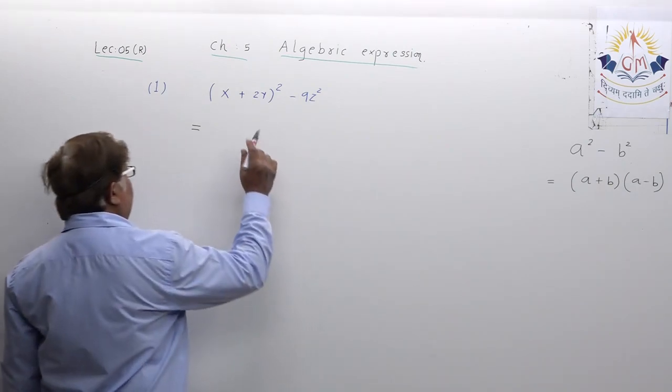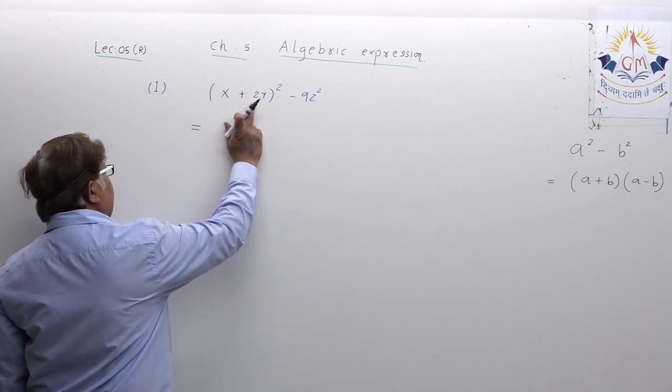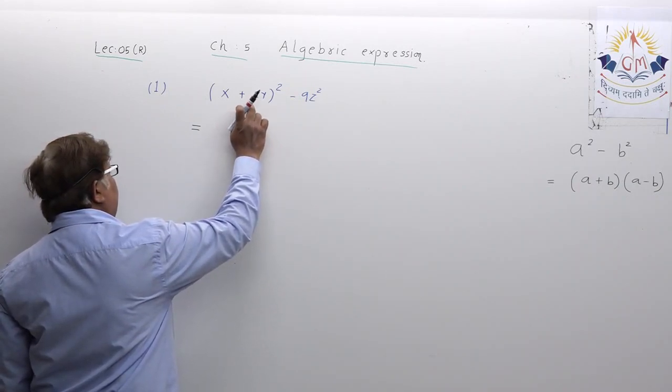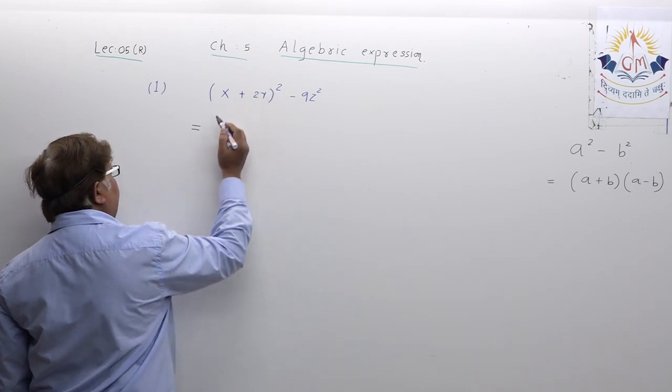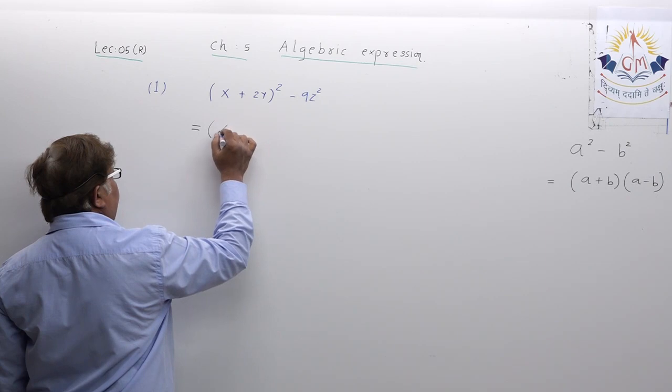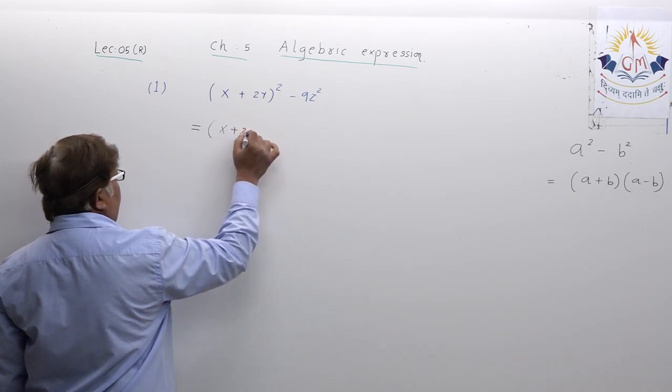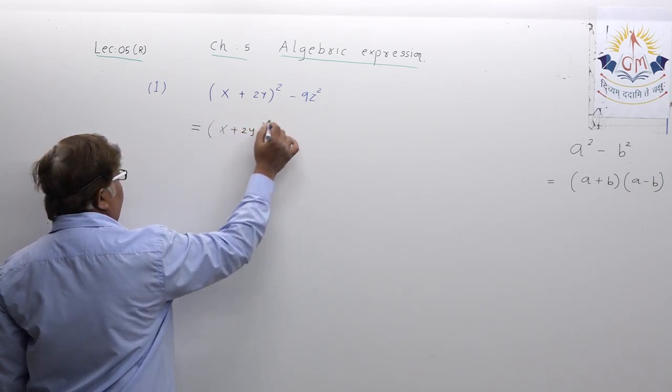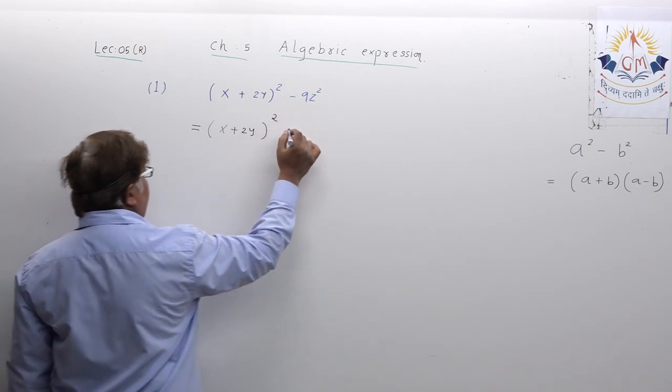How can we solve, dear student? When there is bracket square, you can take out the square root this way only, x plus 2y whole square. Nothing to be done.